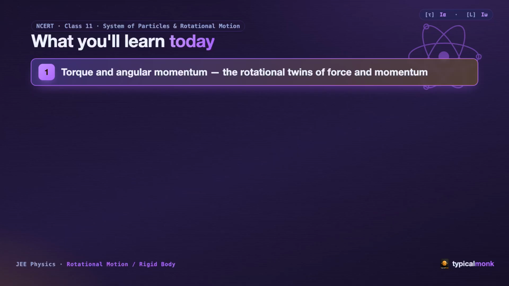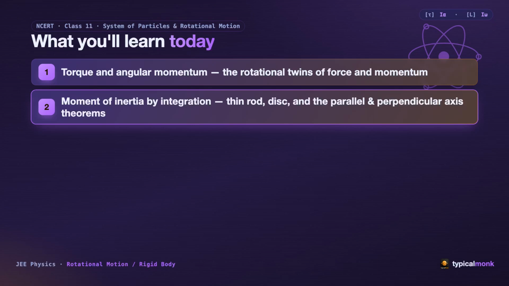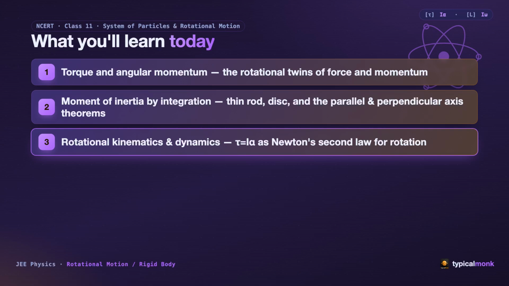So what will you carry home from today's class? First, torque and angular momentum, the rotational twins of force and momentum. Second, moment of inertia by integration, the thin rod, the disk, and the parallel and perpendicular axis theorems that let us shift between axes. Third, rotational kinematics and dynamics, tau equals I alpha, the rotational version of Newton's second law.